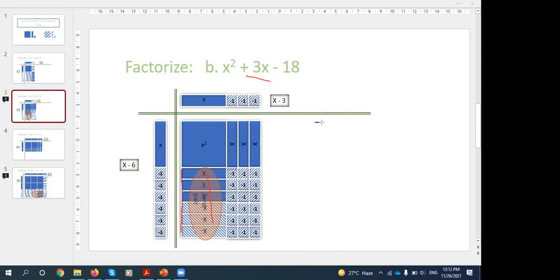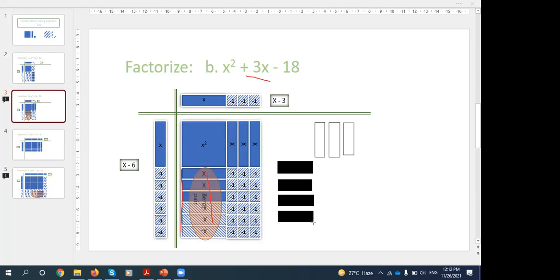So, I mean, this one should be like this, these 3 should have been positive and these should have been negative. I hope the convention is clear. Oh, sorry, the other one.